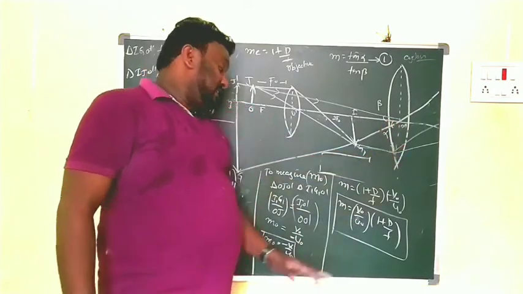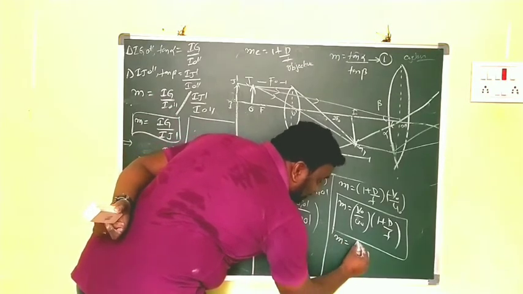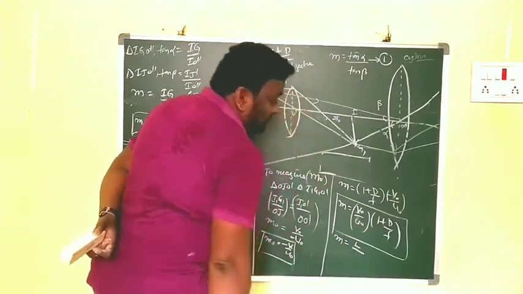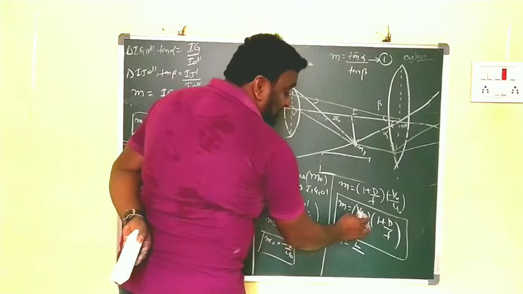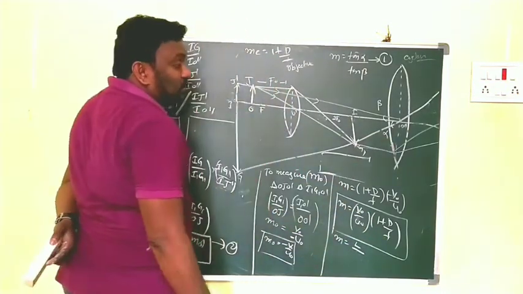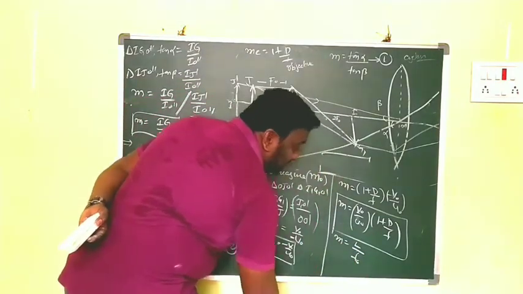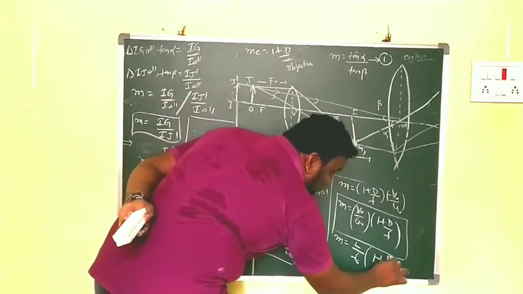Then now here we write M is equal to L. V0 is nothing but L, the length of the microscope, and U0 is the focal length. Then we can write L plus D by F.